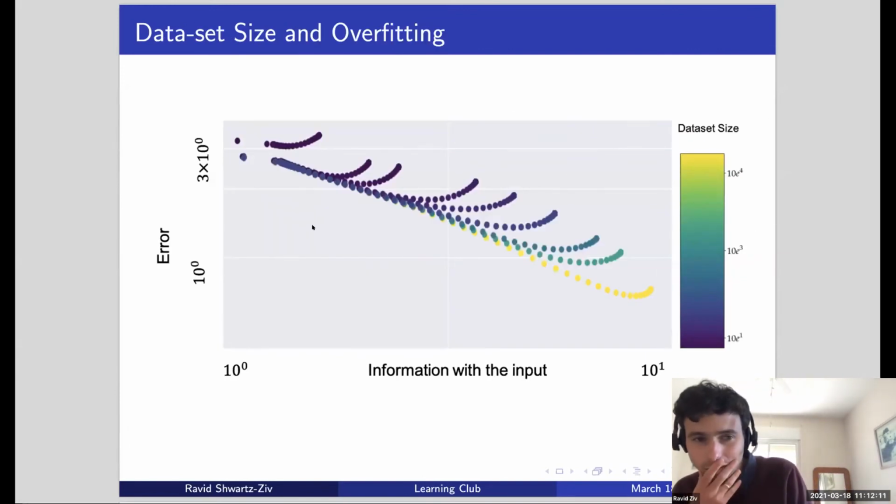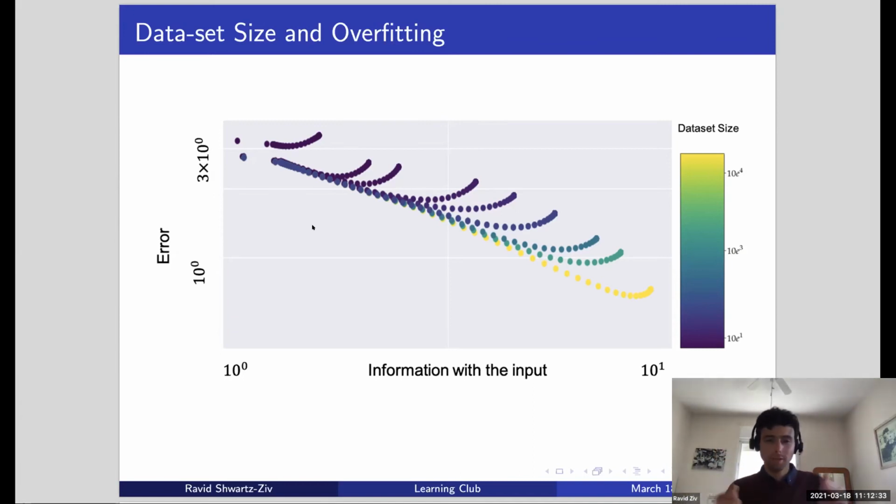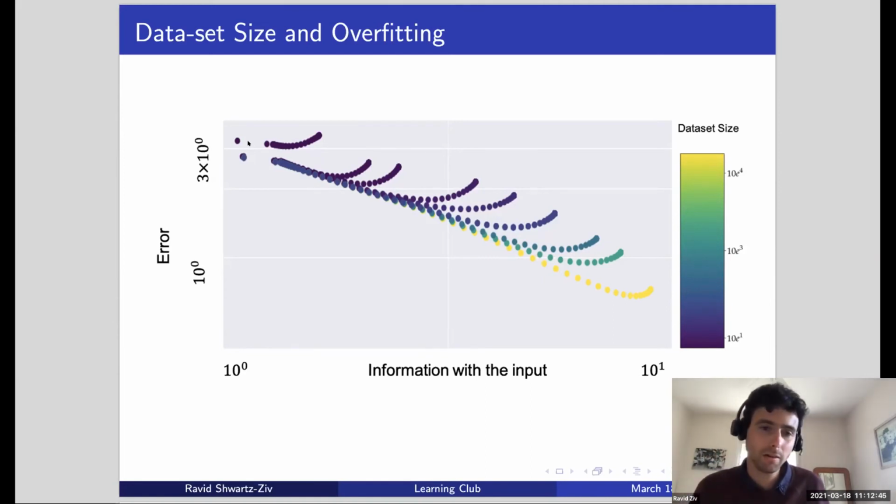The third thing that we found is, now we have the information with the input on the x-axis, and the error on the y-axis, and the different colors are the number of examples. Okay, and now we can see here, for example, at this point, if you have a small number of examples, when you force your network to store more information, it starts to overfit.